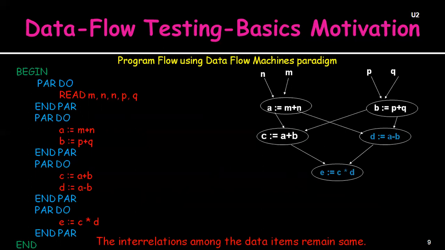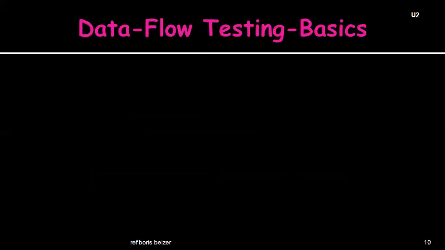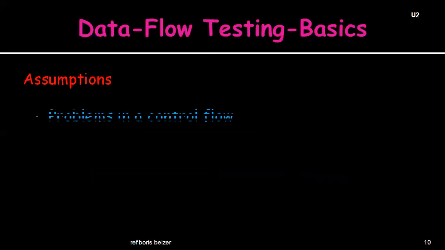Now, what are the bugs? What assumptions can be made related to these bugs? One is problems in control flow. The bug assumptions for the data flow testing strategies are that the control flow is generally correct, and that something has gone wrong with the software so that the data objects are not available when they should be.